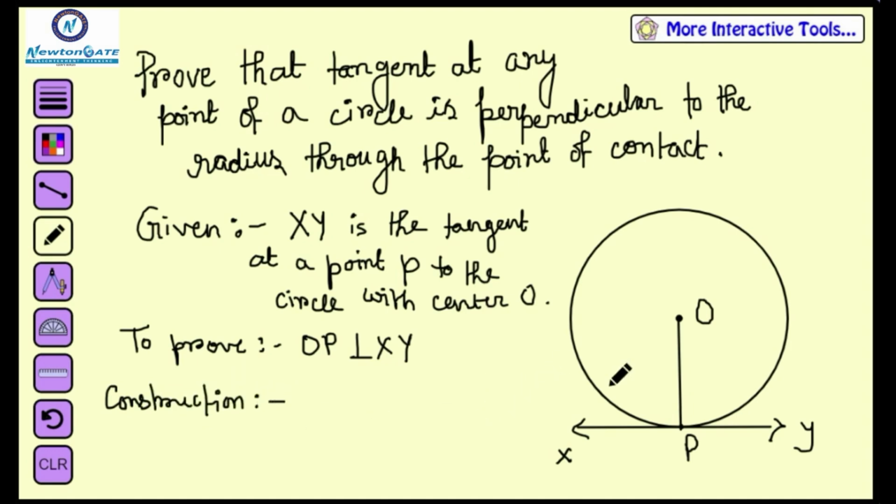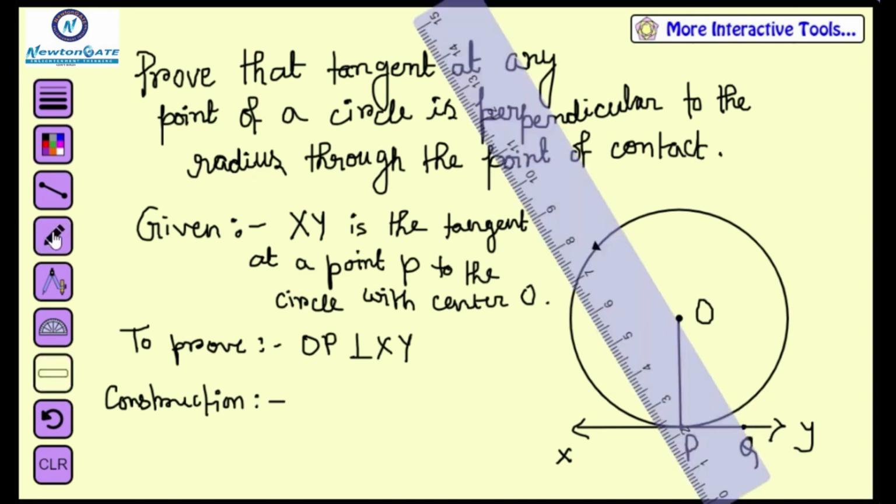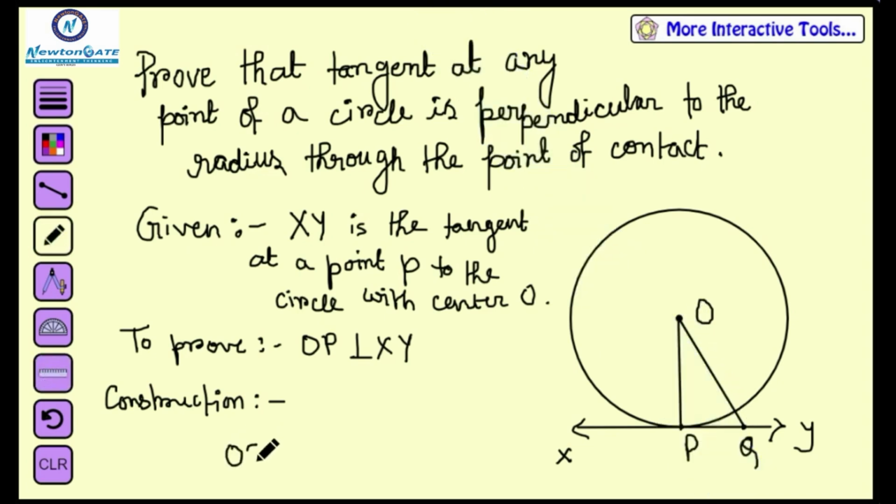Now we take a point Q on XY like that and join OQ. Here we see that OQ is greater than OP, because if point Q lay inside the circle, then XY would become a secant and not a tangent to the circle.